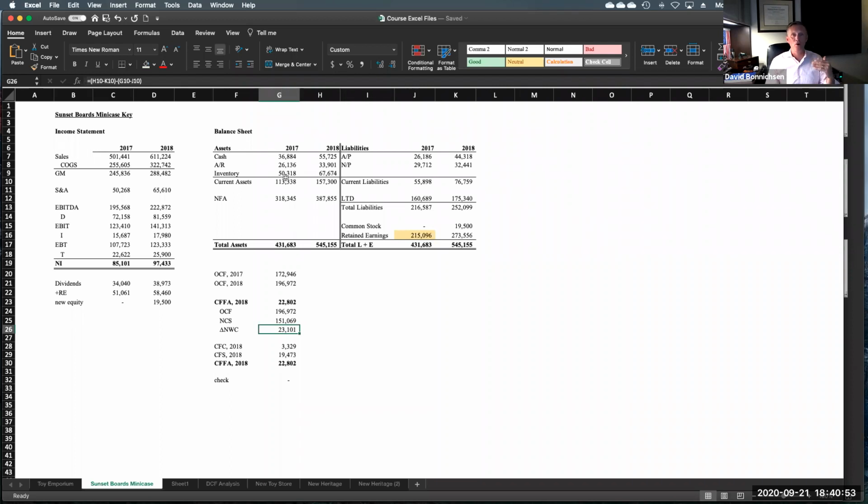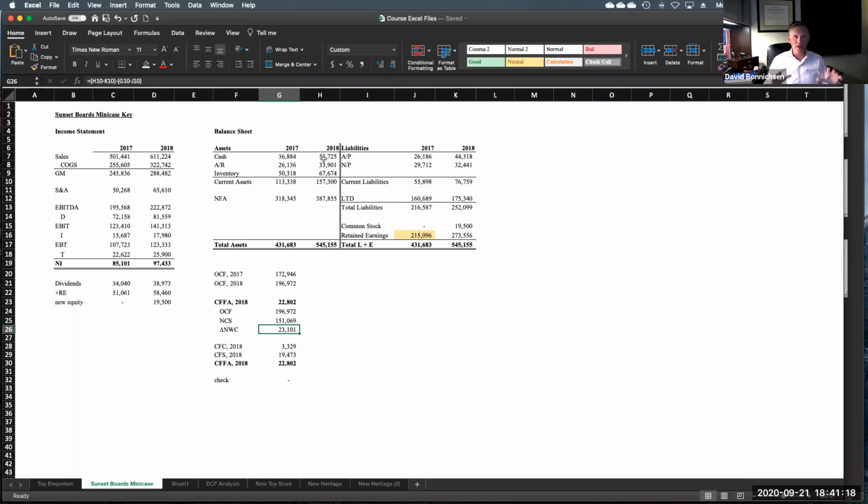If our sales go up, we should see a change in AR. If our sales go up, we should see a change in inventory. If our sales go up, the materials that we have to purchase in order to produce the products that we sell, AKA accounts payable, bills that we owe to our suppliers, should also go up, okay? So our sales increased and we saw an increase across the board.